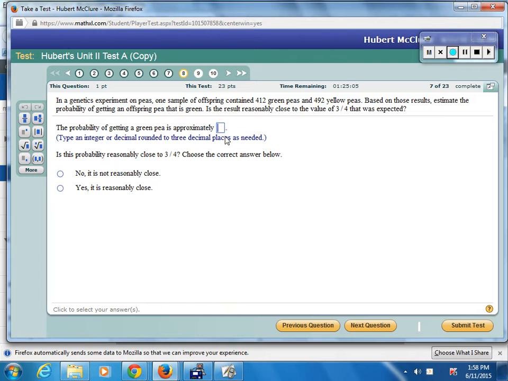Somebody help me out. What's 412 over 904? 0.4557. And it says round to 3, so 0.456. Well, that ain't 75%. Is this probability close to 75%? I'll probably get it wrong. Next question.